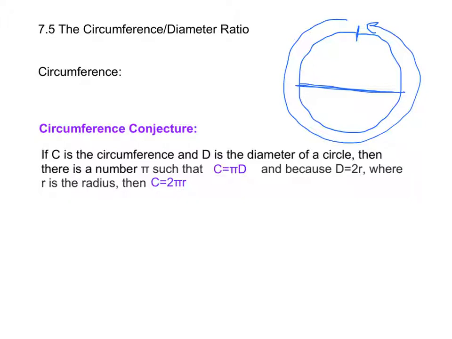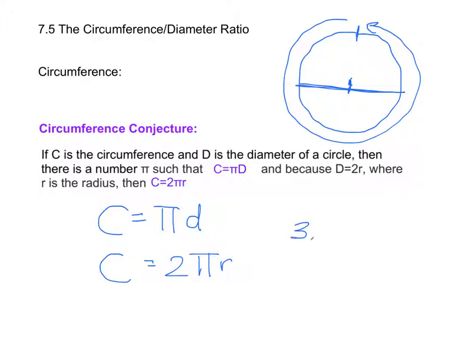And because d equals 2r, there are two radii in a diameter, where r is the radius, then C equals 2 pi r. So these are your formulas to find the circumference of a circle. You have C equals pi d, so pi times the diameter, and C equals 2 pi r, so C equals 2 pi times the radius. And pi is approximately 3.14.